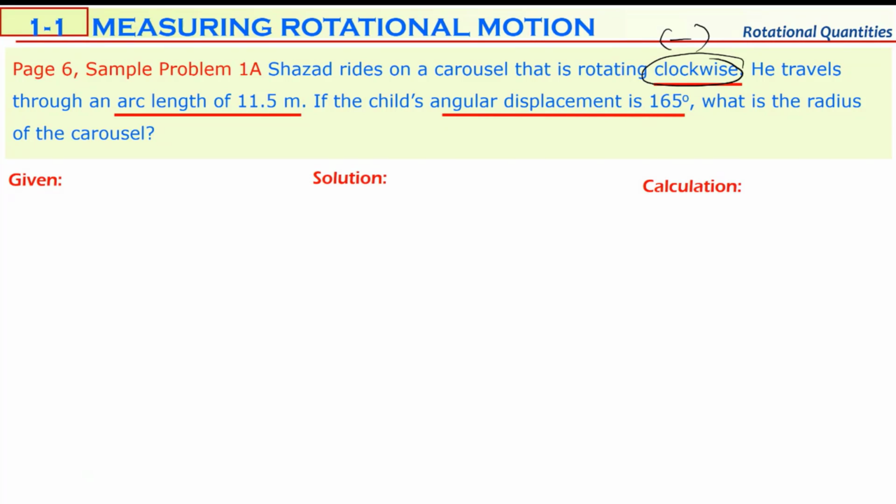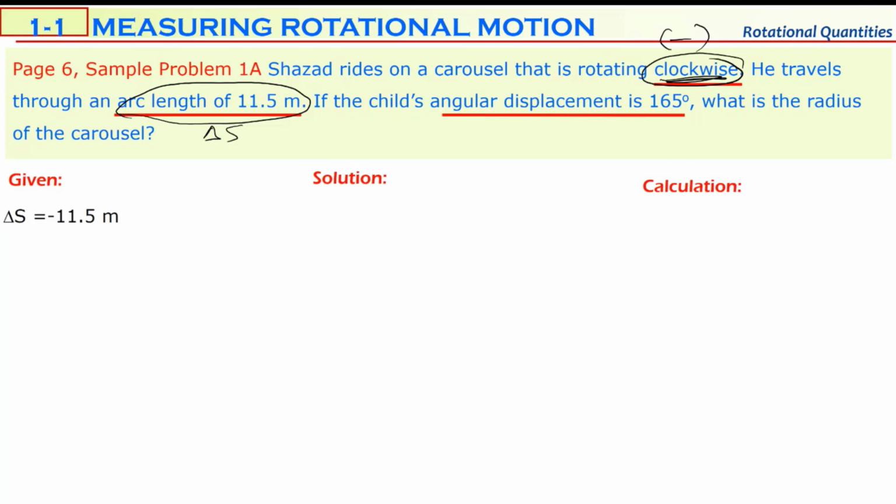So Shazad rides on a carousel that is rotating clockwise. He travels through an arc length delta S of 11.5 meters, but because it says clockwise, this arc length will be written as a negative number. So delta S is going to be negative 11.5 because of clockwise rotation.